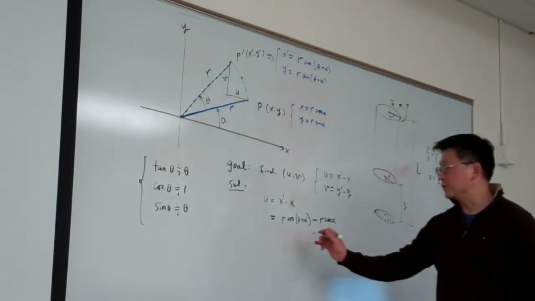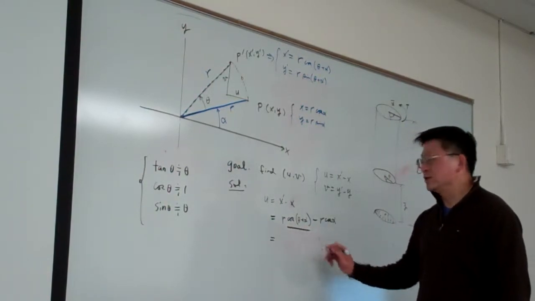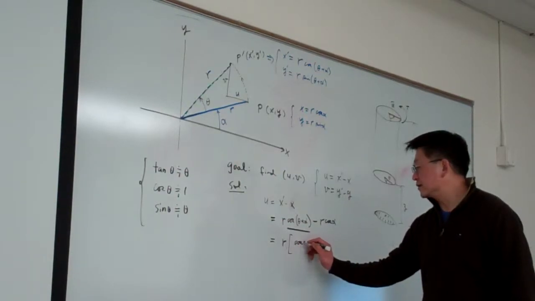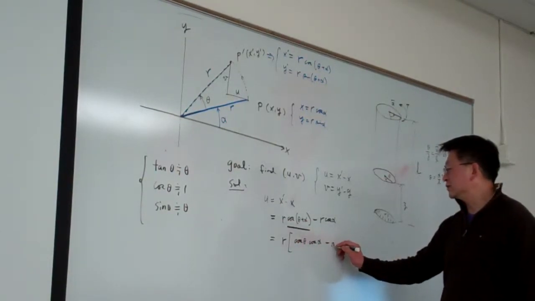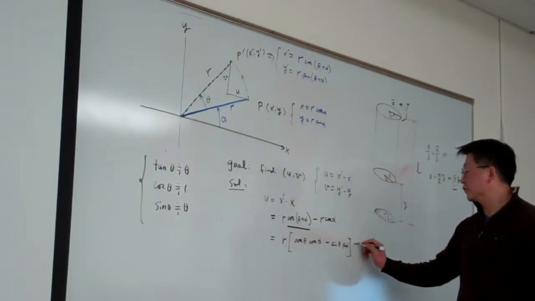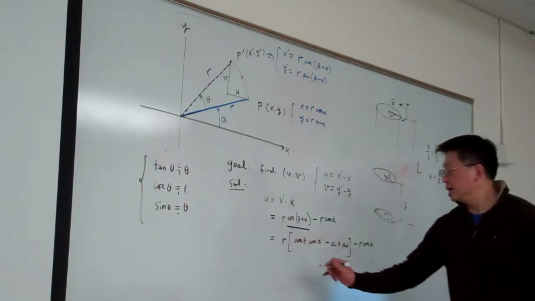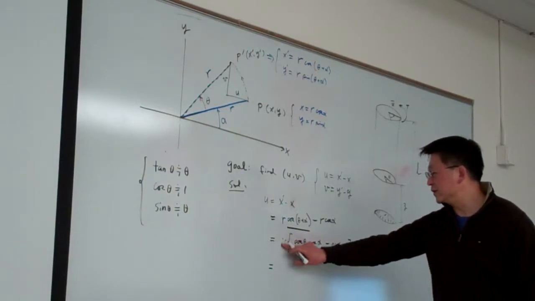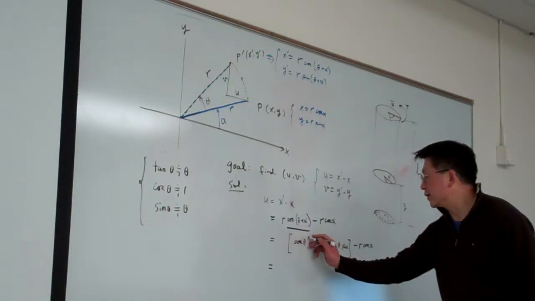Then for this case, I can do these things. We can expand the cosine into cosine theta cosine alpha minus sine theta sine alpha, and then the remaining R cosine alpha. Okay. And let me multiply R inside here.